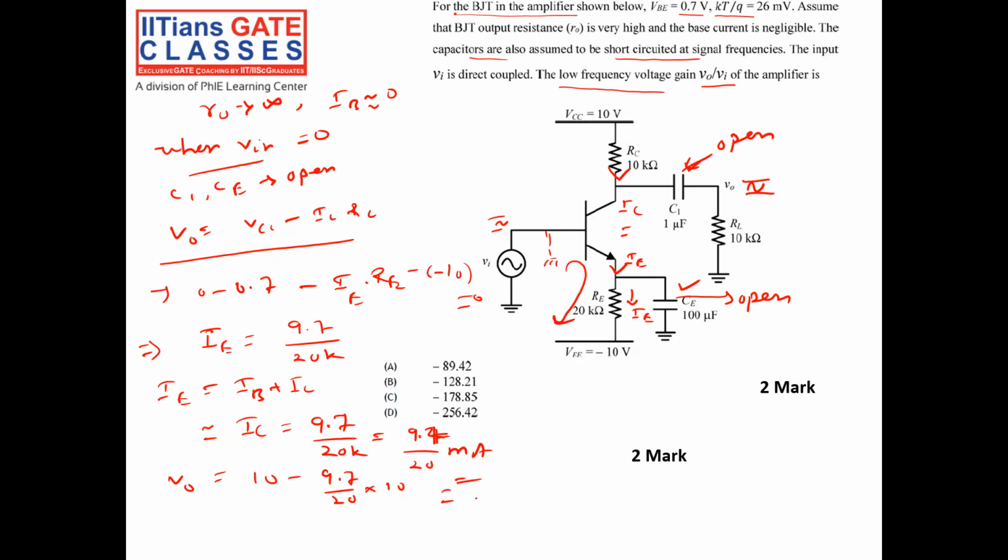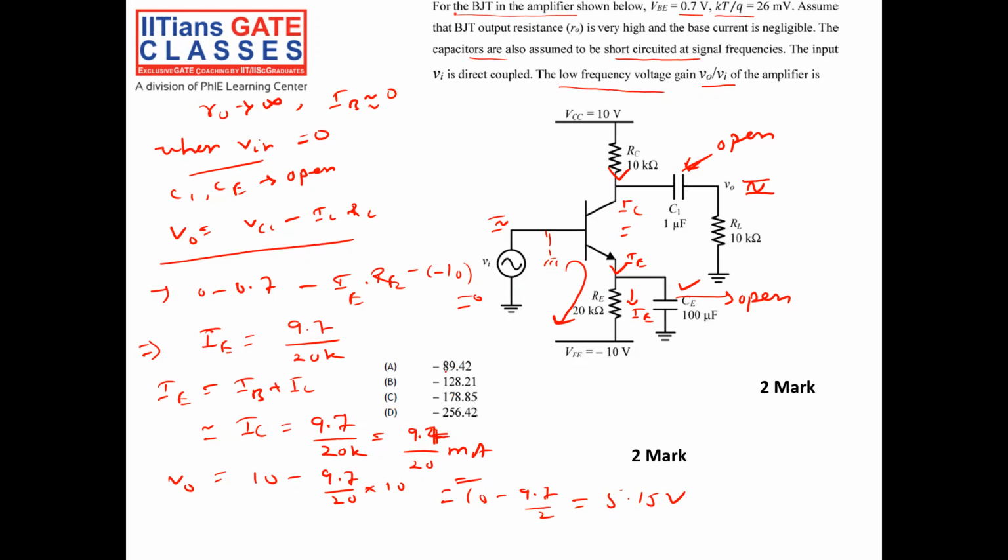So the K got cancelled. 10 minus 9.7 divided by 2. 9.7 divided by 2 is 4.85, so I get 5.15 volt. So presently, when I did not apply any AC, the DC current flowing through the circuit is 9.7 by 20 milliampere, and the output voltage is at 5.15 volt.